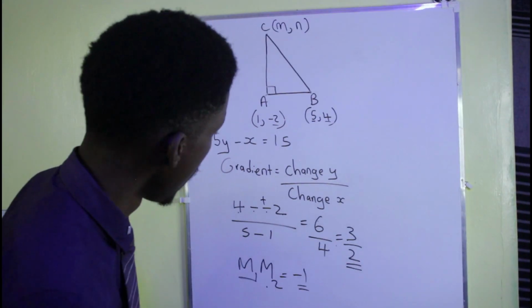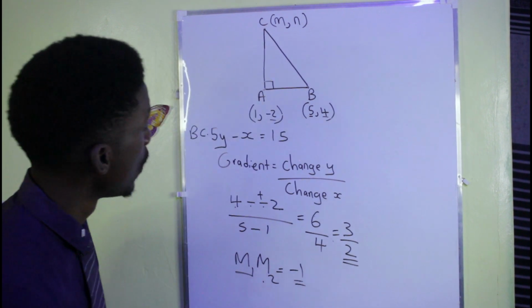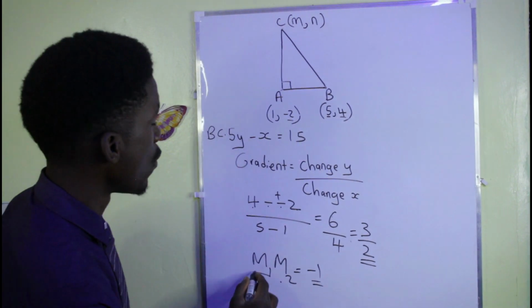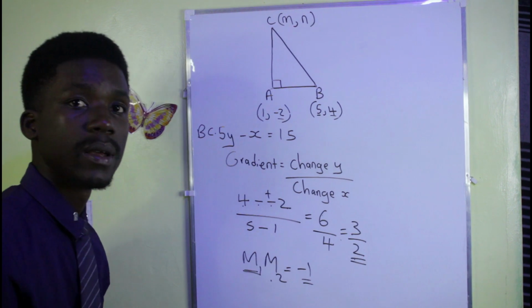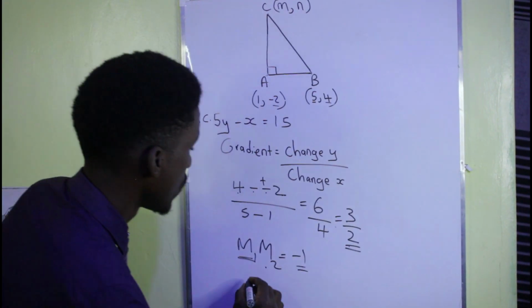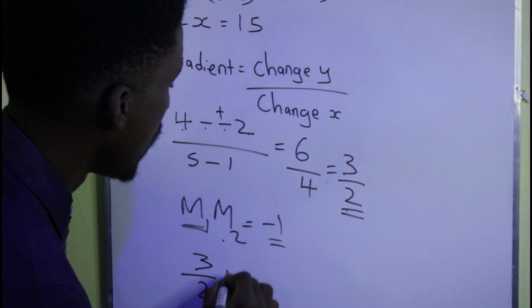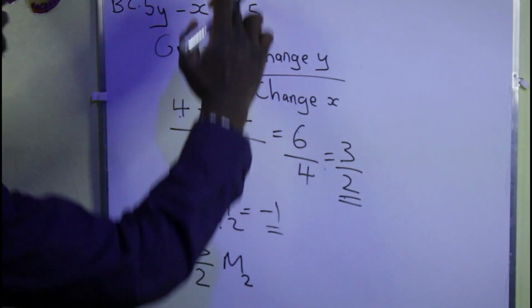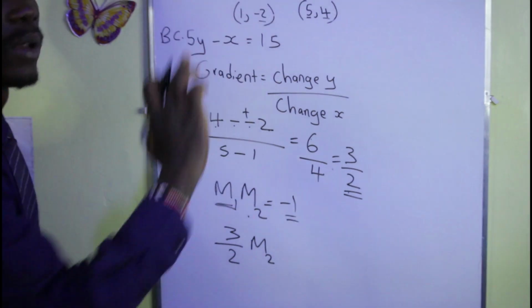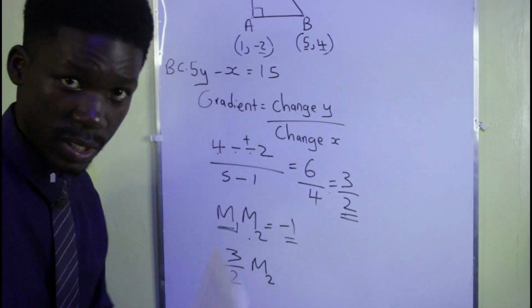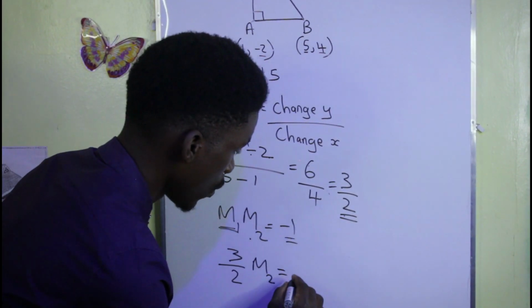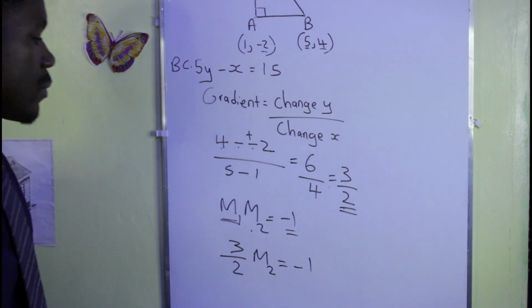And so, we already have our m1, which is 3/2. So 3/2 multiplied by m2, which is the gradient of AC, which we don't know up to this point, should be equal to -1.